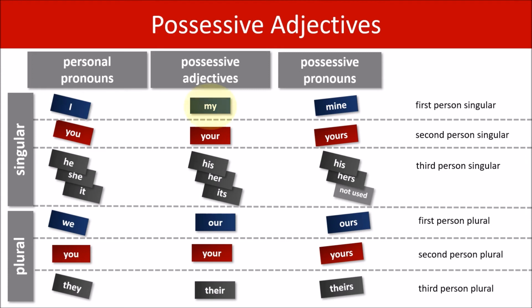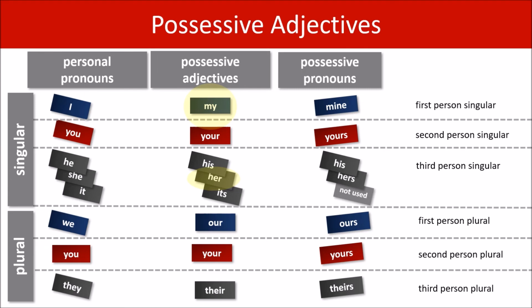Okay, so if you look up to the word my, you can say that is the first person singular possessive adjective. And if you look at the word her, you can say that is one of the third person singular possessive adjectives. I'm showing you this just to give you some terminology.